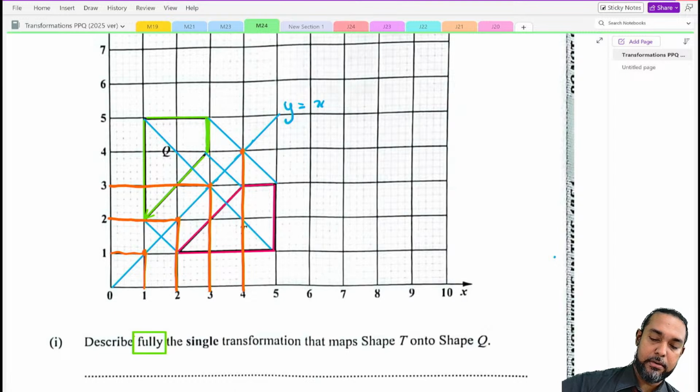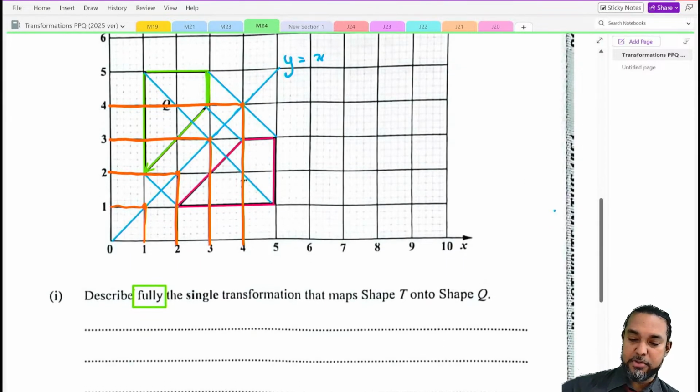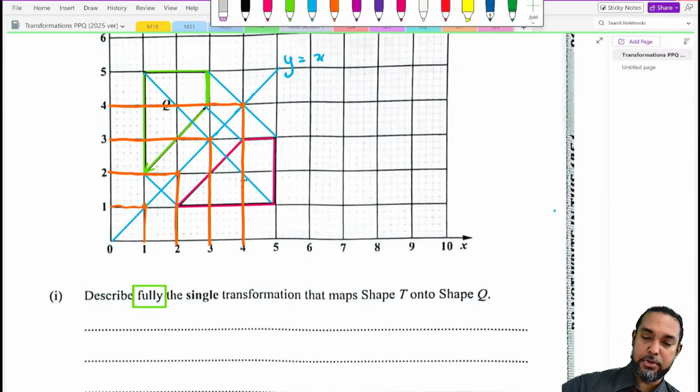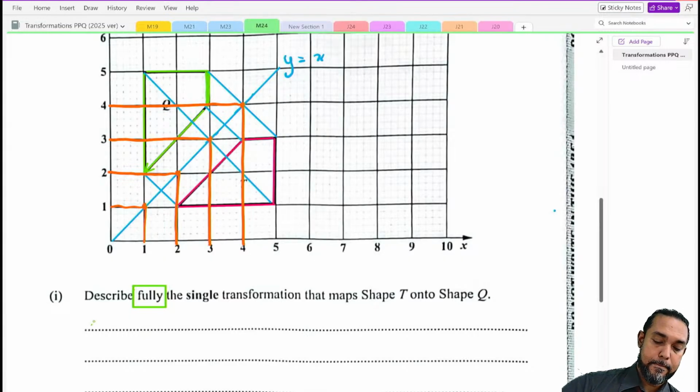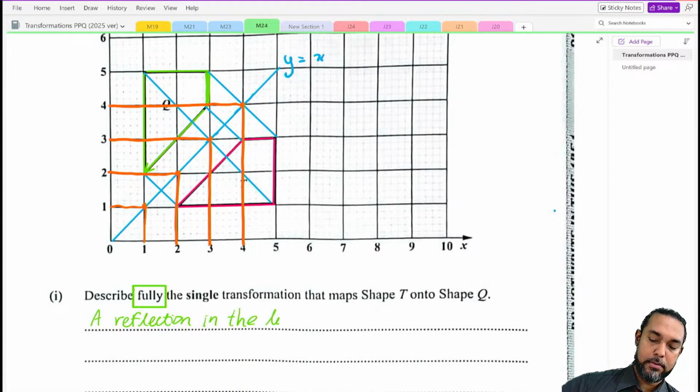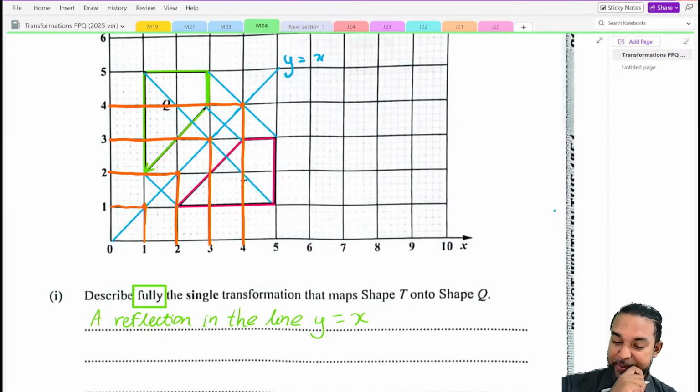You get 4 there, you get 4 there, etc. So the transformation that maps T onto Q is a reflection in the line y equal to x.